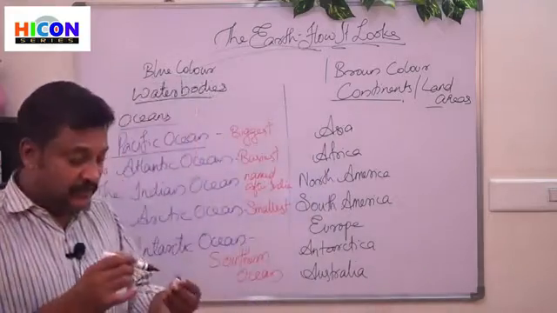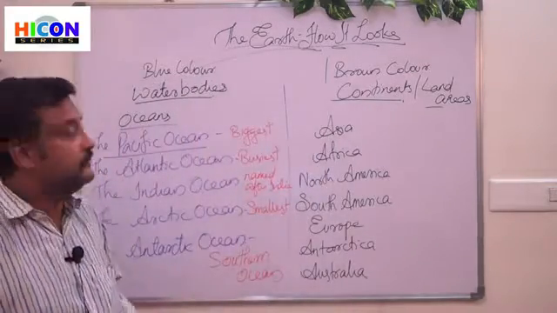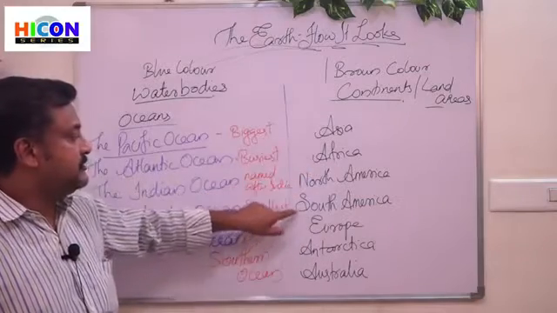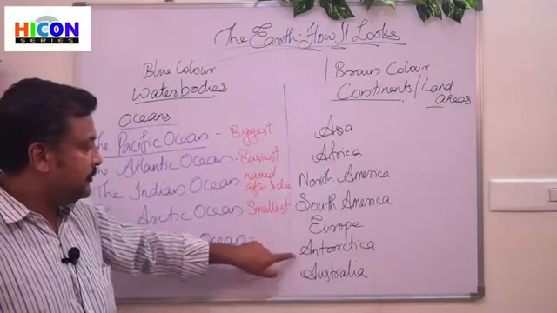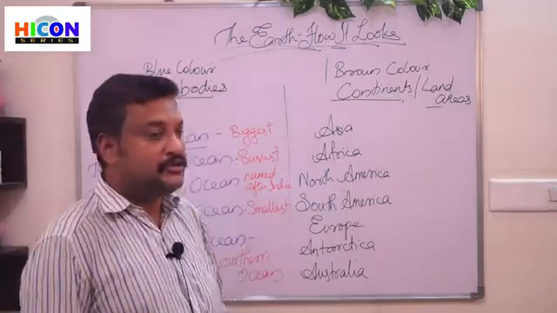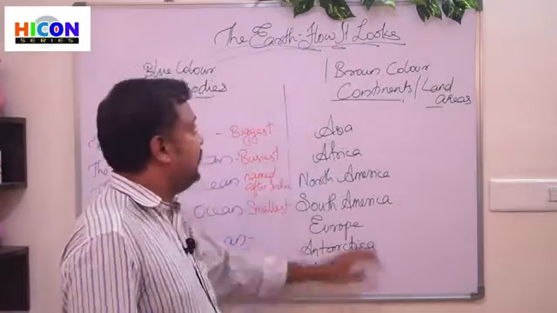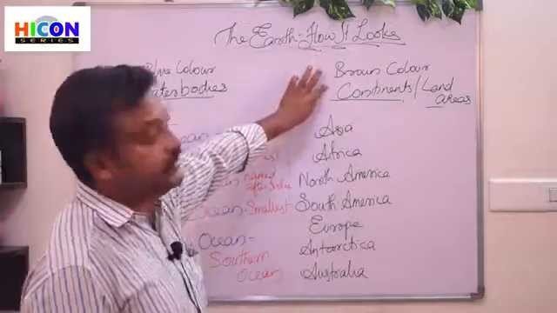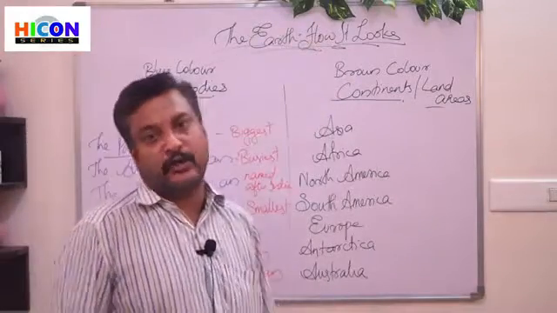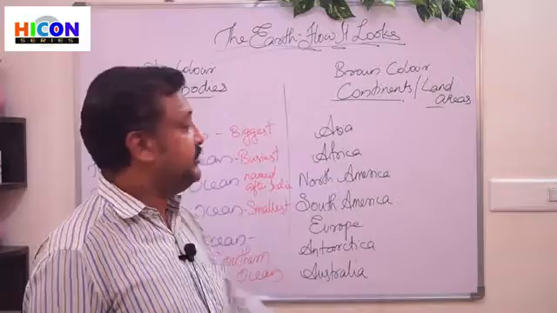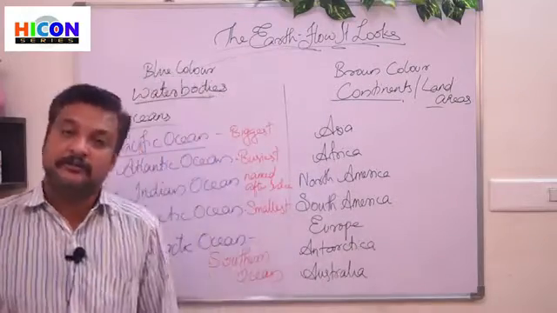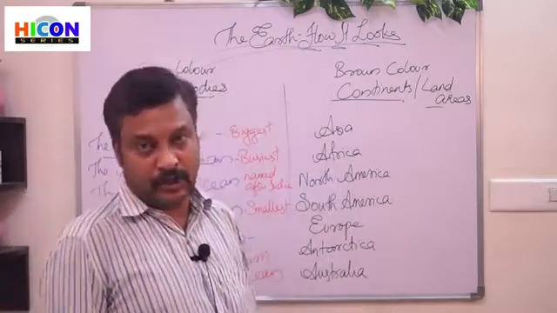So which are the 7 continents that we have on this earth? Asia, Africa, North America, South America, Europe, Antarctica, and Australia. These 7 continents are the brown colored land masses that we can see on a globe.